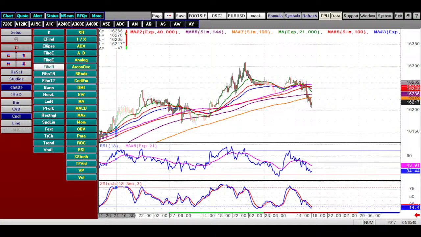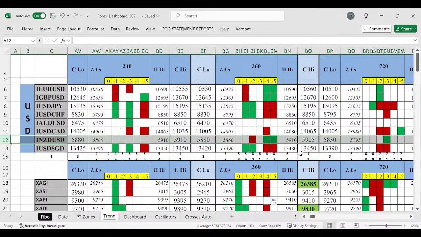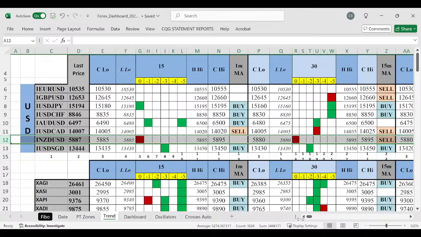The New Zealand dollar looks okay. New Zealand dollar is not that weak compared to other crosses. So the range is between 58.80 and, let me share the screen. The range is between 58.80 and 59.10. Right now this is trading at 58.80.